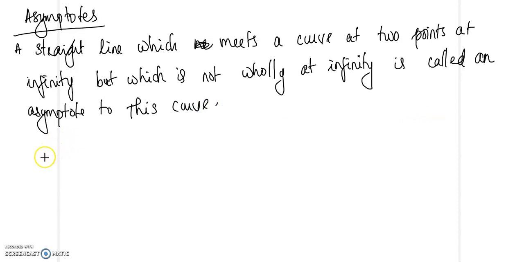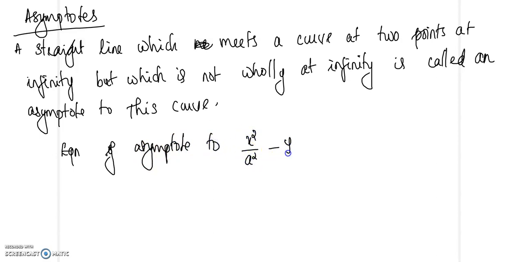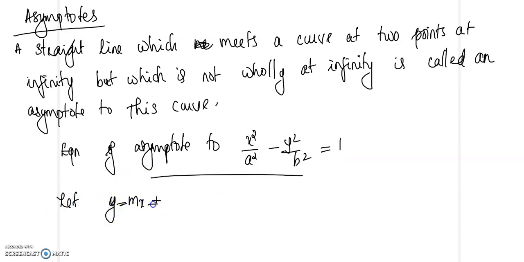Now let us look at the equation of asymptote to the hyperbola x square by a square minus y square by b square equal to 1. So let us take y equal to mx plus c to be an asymptote.